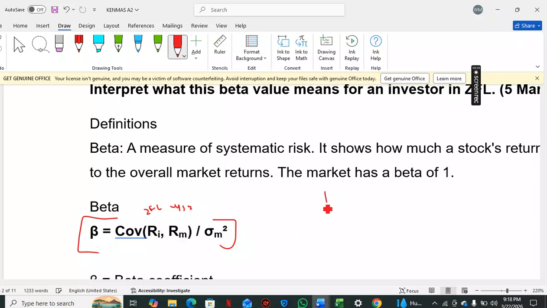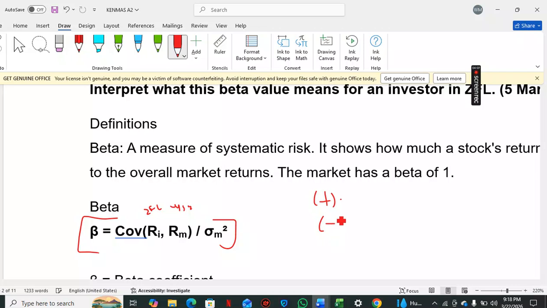If the covariance is a positive value, it means there is a positive relationship. So if the Lusaka Securities Exchange rises, Zambezi Farms Limited stock is also going to rise. If the exchange goes down, the stock is also going to go down. They are moving in the same direction.